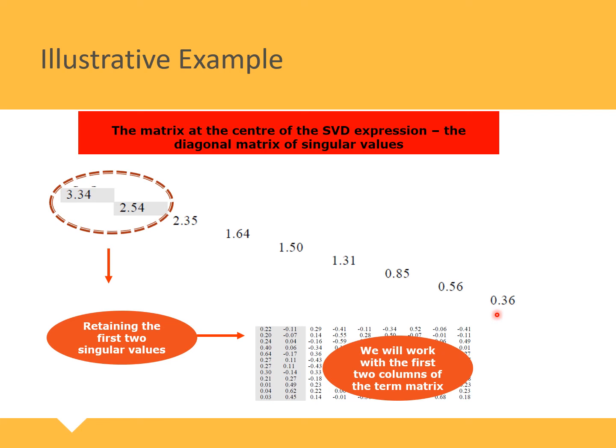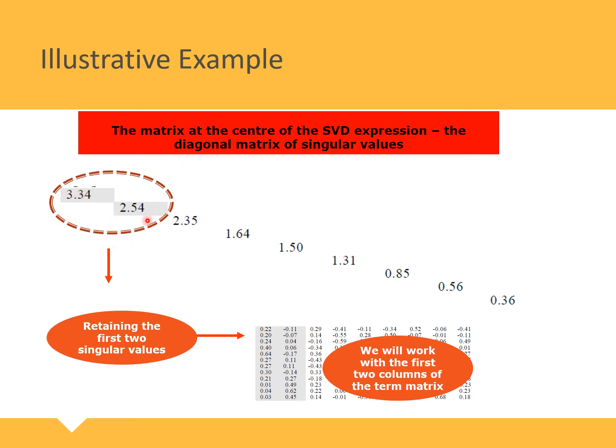Then you would like to take the first two or three singular values depending on their collective contribution to the total. So in this case, let us say we agree to take the first two singular values.